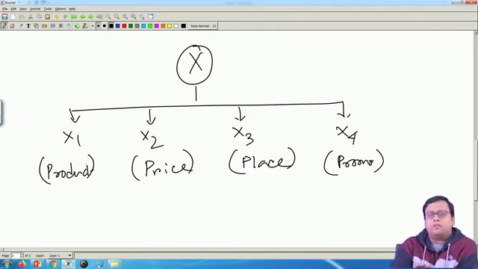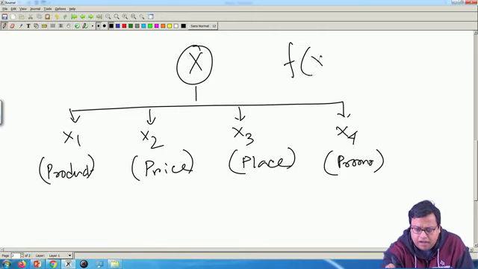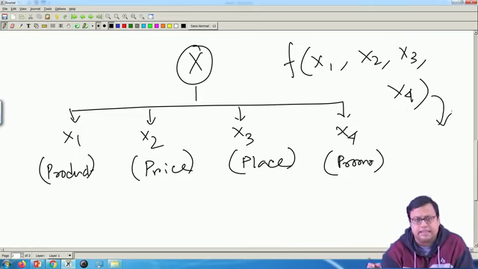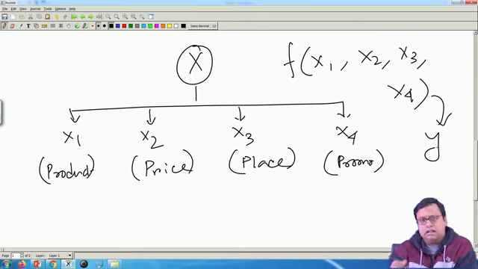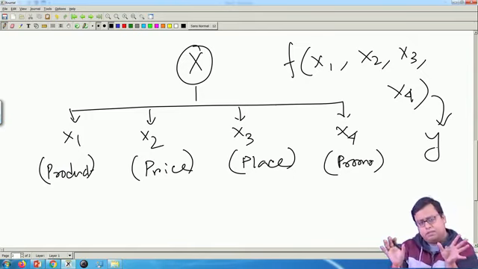Now, what function of X1, X2, X3, X4 will lead to my sales or profit or margin, whatever is my Y variable, and how can I maximize this Y by changing the combinations of X1, X2, X3, X4? This is the basic allocation problem on which the marketing mix problem lies.